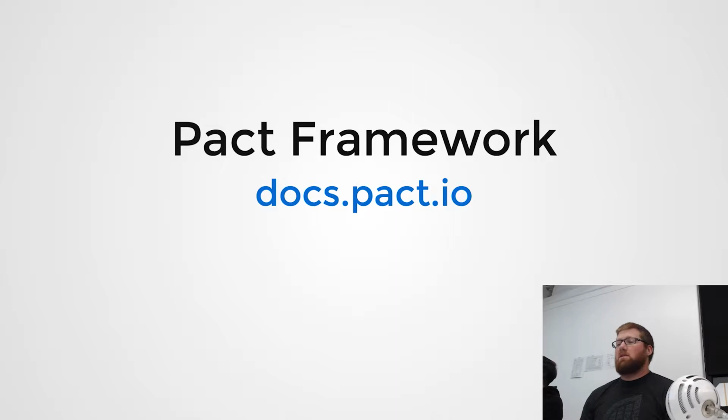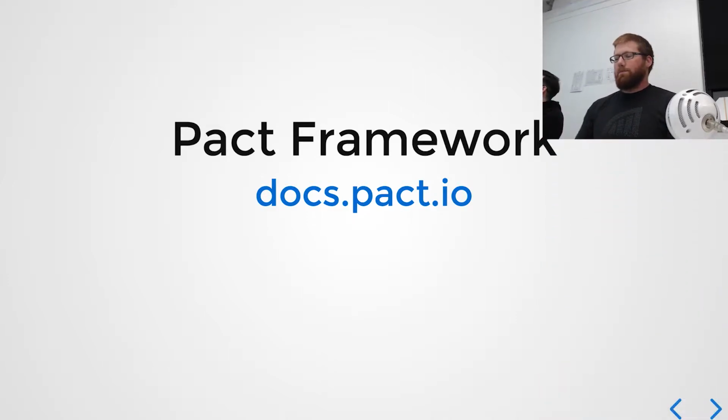They've got a ton of support for a ton of different languages, so it's really awesome. If you have a Ruby provider and a JavaScript consumer, that's fine. Pact communicates between providers and consumers using JSON, so it's completely language independent that way, which is awesome.